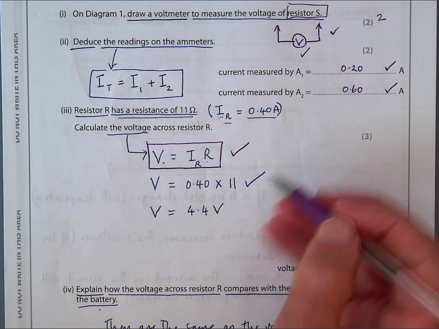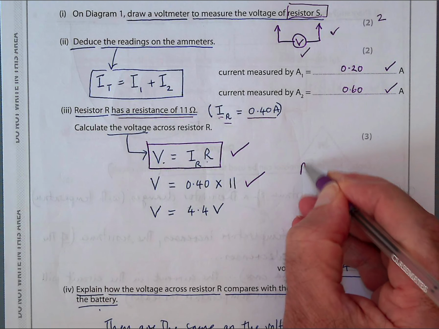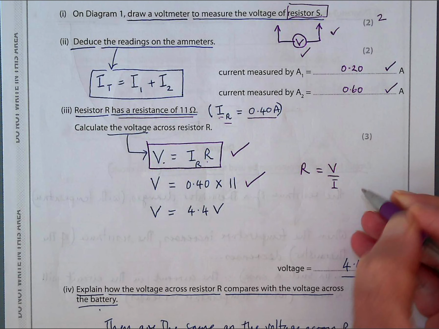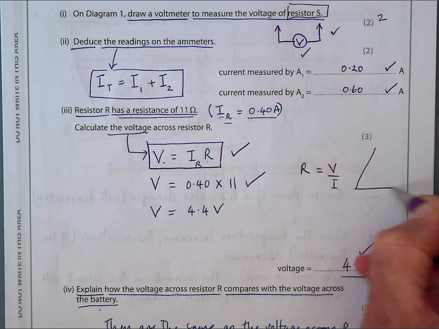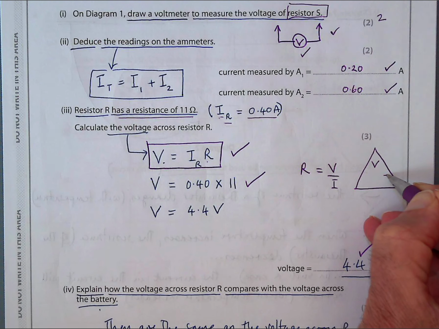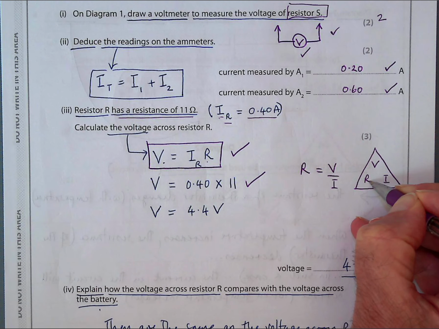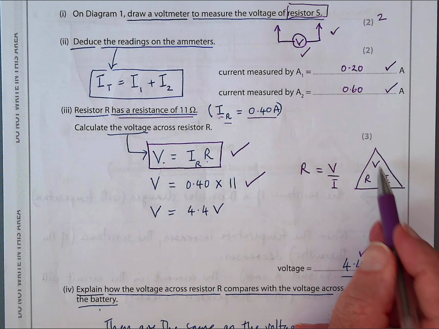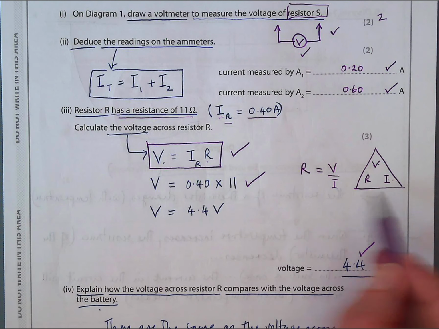Okay, resistance normally is written as voltage over current. Yeah, it's the ratio of voltage over current, and it's when you're doing your formulae that you have to remember. It's good to remember how to put them in a triangle. Okay, so resistance is voltage over current, current is voltage over resistance, and voltage is resistance times current, or vice versa.